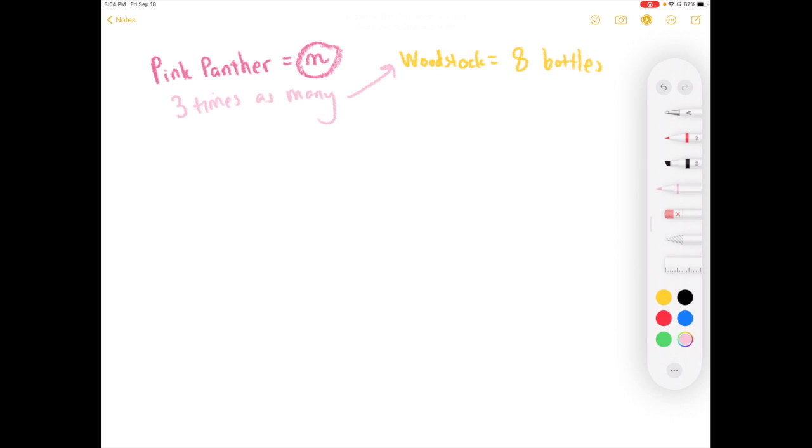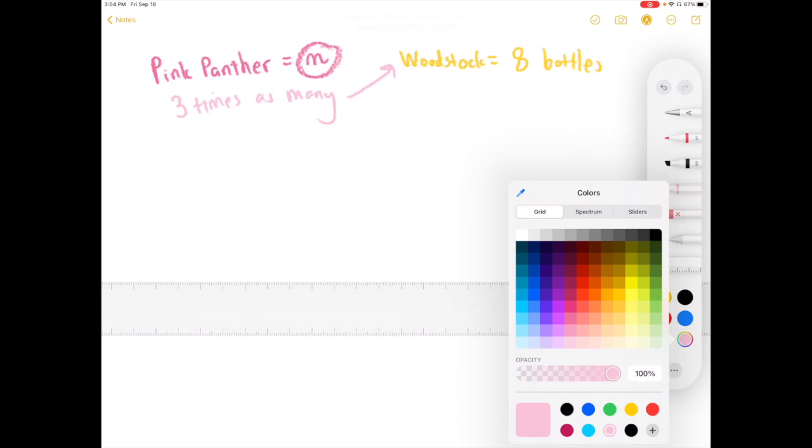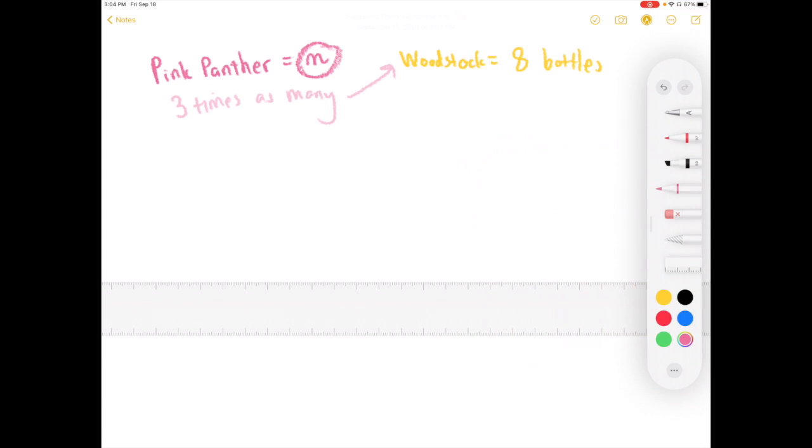Now, the problem did say to create a model to solve. So with these multiplication comparison problems, I'm going to go ahead and actually draw a box that's similar to the kind that we did for the fraction problem. So, take my ruler, draw a nice box here. Boom.